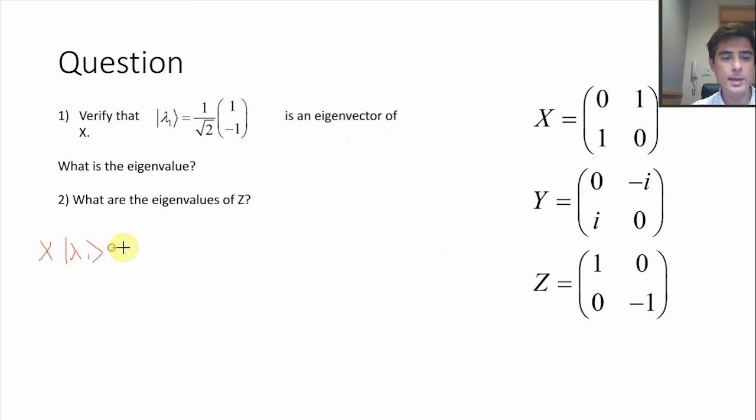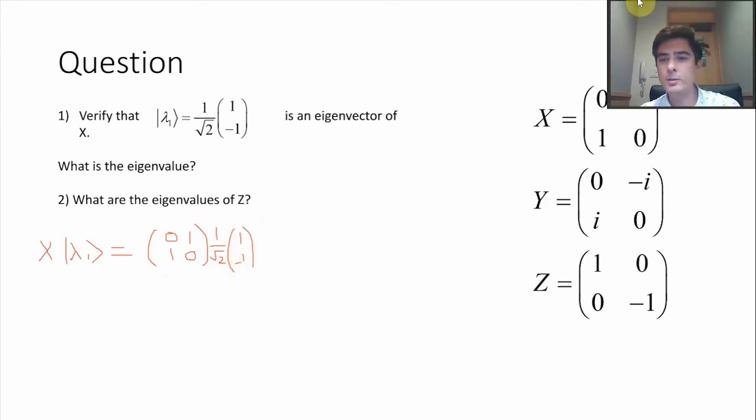So we do this matrix multiplication: the matrix 0, 1, 1, 0, times a constant, 1 over root 2, times the vector 1, minus 1. Okay, so now I've got that back.